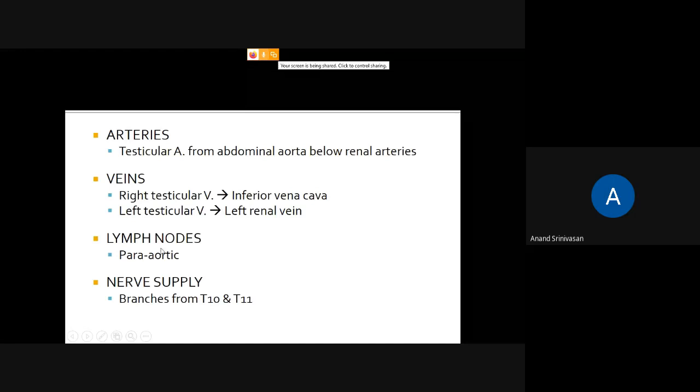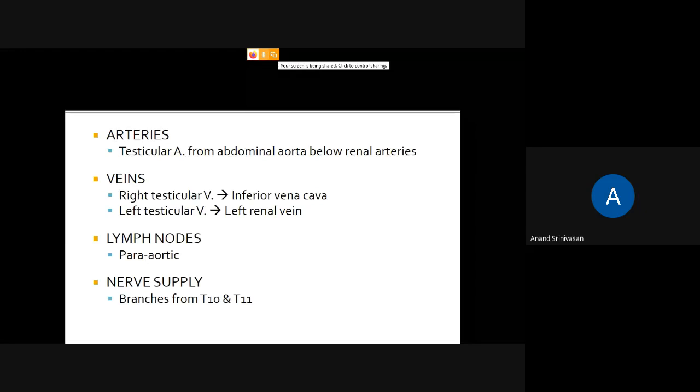The lymphatic drainage from the testis goes into the para-aortic group of lymph nodes. Why is this important? Especially in case of testicular cancer.